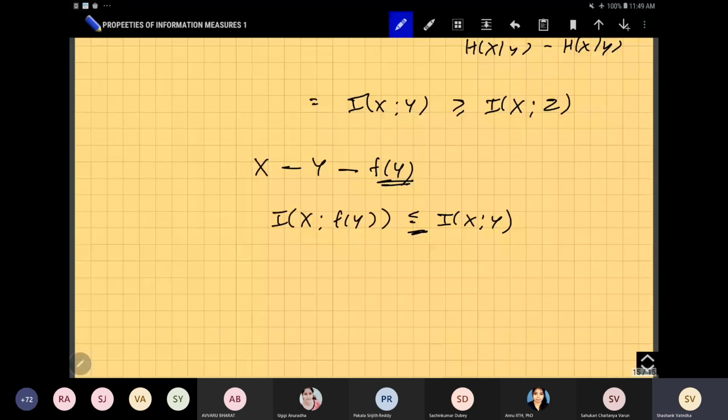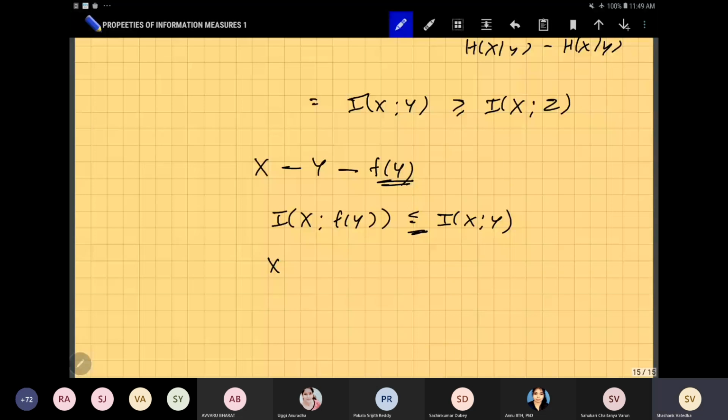And one way to choose this is, suppose that we can somehow choose f of y such that, of course, f of y obviously forms a Markov chain, because f of y is a function of y, and given y, f of y is independent of x.